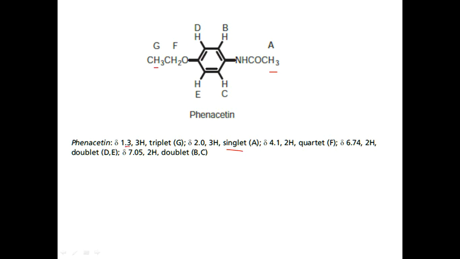Then the F proton around 4.1, that is for 2 protons, is a quartet because it is interacting with the 3 methyl protons. Then the aromatic protons come in, where 2 hydrogens, D and E, are chemically equivalent. They are seen at 6.74, and at 7.05 a doublet for the B and C protons. The doublet is due to this interacting with this, or this interacting with this.